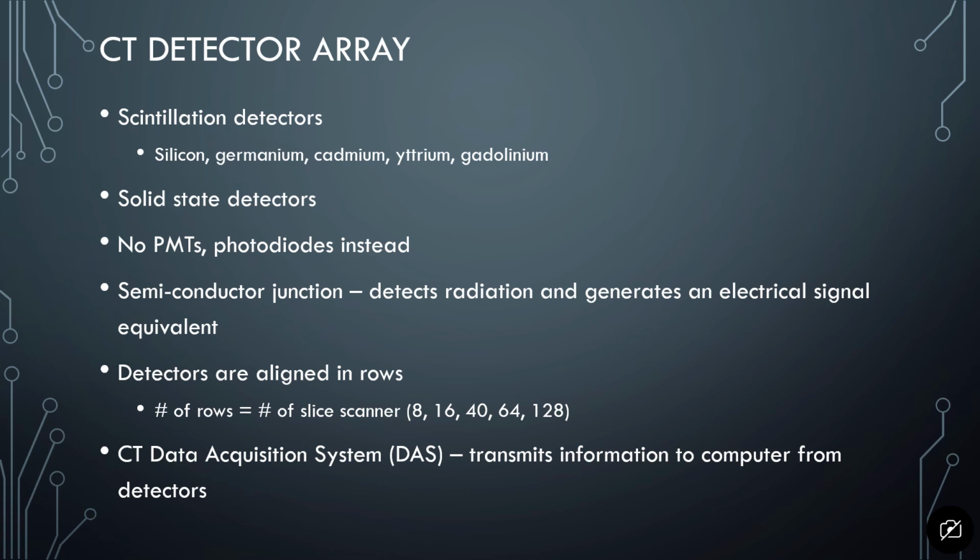If you're doing diagnostic with it, you may want a little bit more rows, like 16 or 64 slice. But an 8 slice CT is perfect for hybrid imaging. And then the CT data acquisition system, or DAS, basically transmits that information from the detectors to the computer.